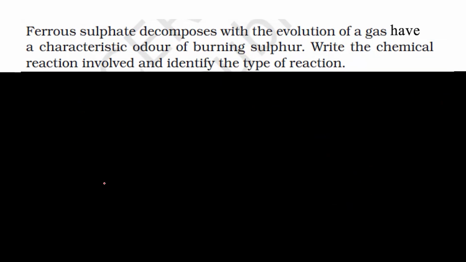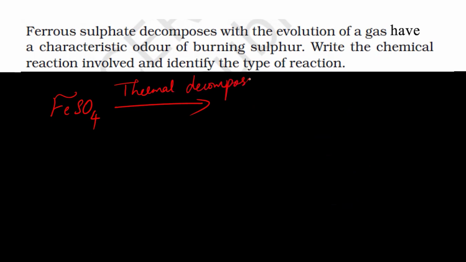Okay, let us move to the next question. Ferrous sulfate decomposes with the evolution of a gas. This question is exactly taken from our textbook. FeSO4, ferrous sulfate, is heated, right? Decomposes means you have to heat that. So this is undergoing thermal decomposition reaction. Ferrous sulfate was initially green in color.